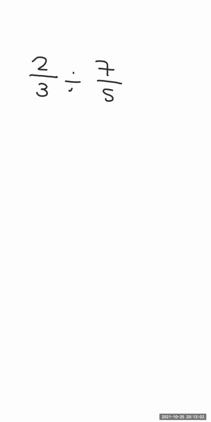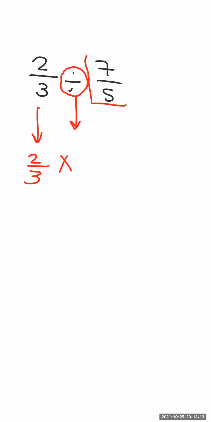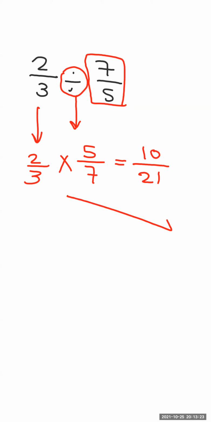Yes, nothing will change because here we said to write down the first term, it's 2 over 3, and then change the division into multiplication, and then flip this number. It was 7 over 5, so it becomes 5 over 7. So now 2 times 5 equals 10. 3 times 7, it's 21. That's it.